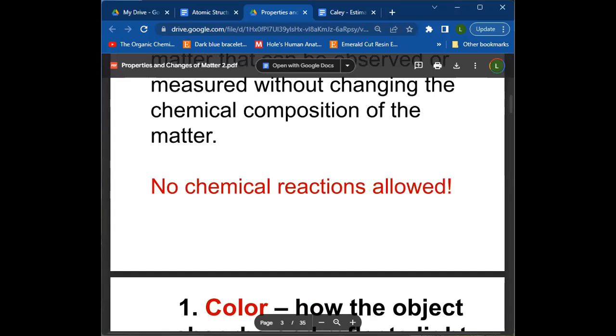Physical properties do not involve a chemical reaction.